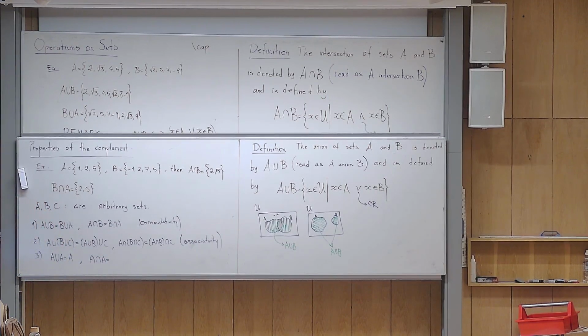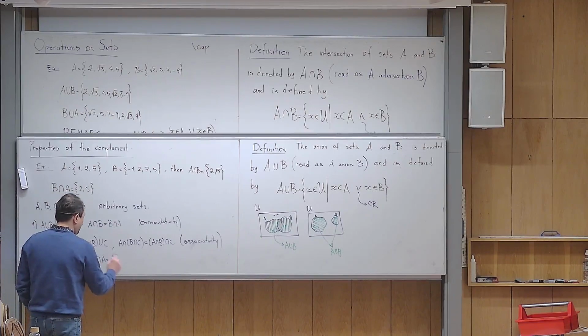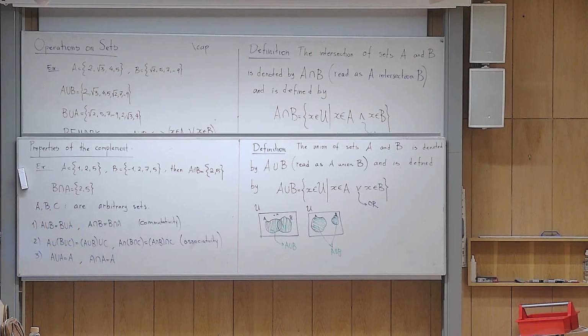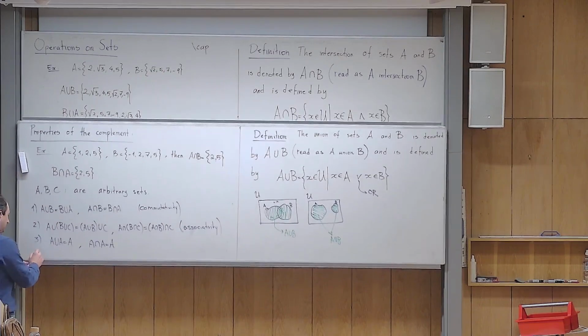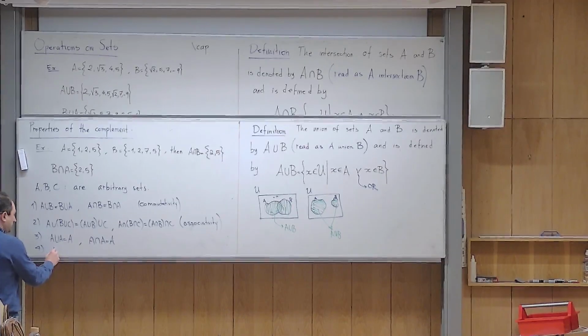Yes? The same set. It's a very nice thing, yes? So if you take any set, union it with itself, it becomes itself. If you intersect it with itself, it becomes itself. This is called the idempotent property. You don't need to write those names anyway. Okay, what is your intuition here? If I take any set that you like and union it with the empty set, what do you think will happen?